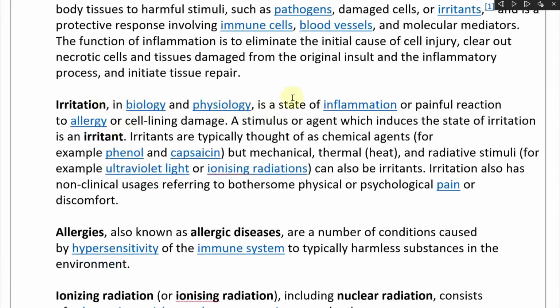Irritation in biology and physiology is a state of inflammation or painful reaction to allergy or cell lining damage. A stimulus or agent which induces the state of irritation is an irritant. Irritants are typically thought of as chemical agents, for example, phenol and capsaicin, but mechanical, thermal heat, radiative stimuli, for example, ultraviolet light or ionizing radiations, can also be irritants.